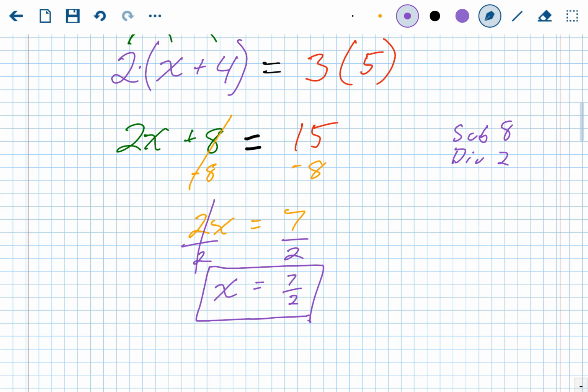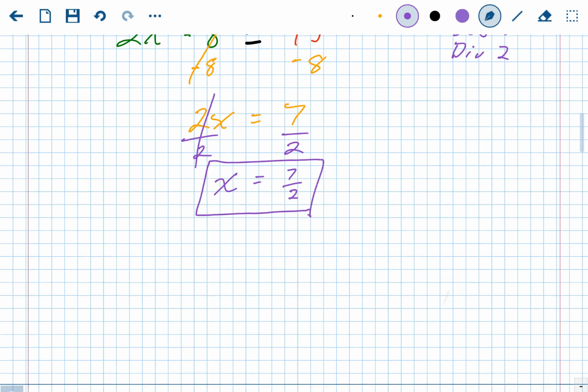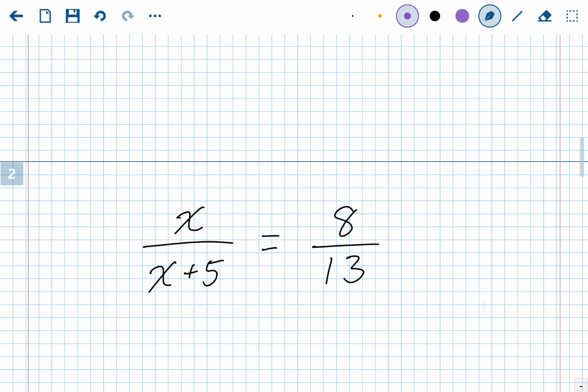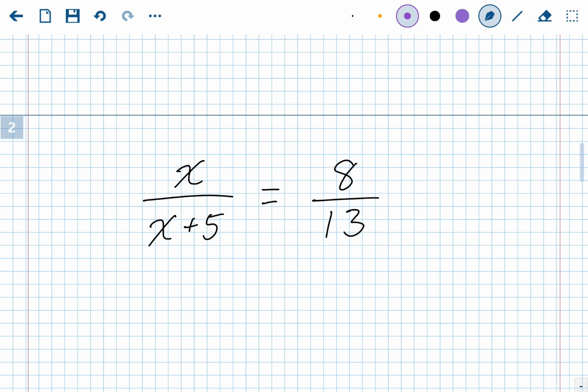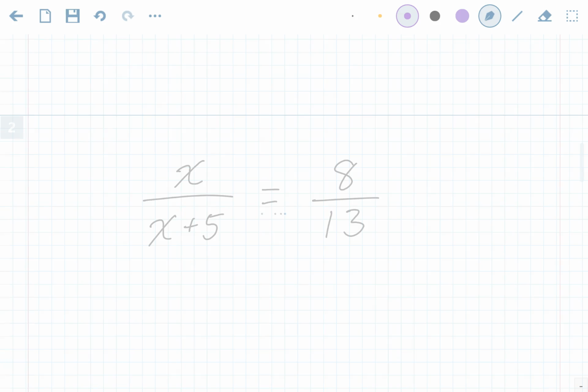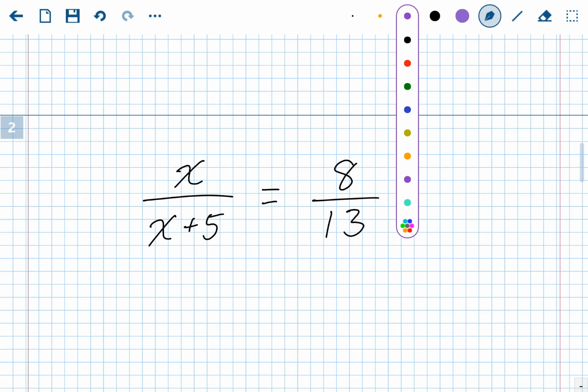What if there's more than one variable in our fraction? We're going to do the same thing. So this one we have x over x plus 5 equals 8 over 13. Well, we have two occurrences of x, which just means we're going to have more steps after we do the cross multiplication, which is fine. But we're going to deal with it the same way.